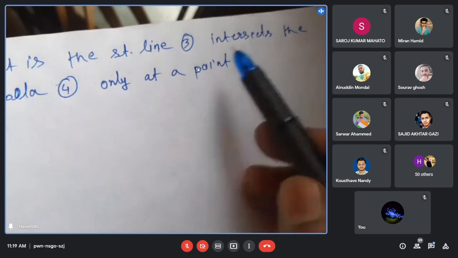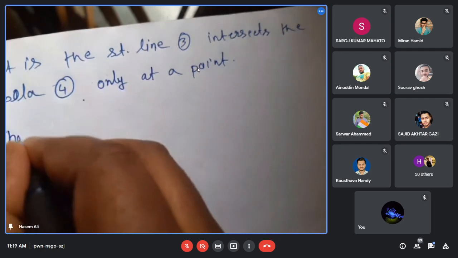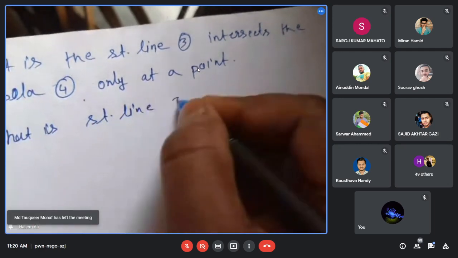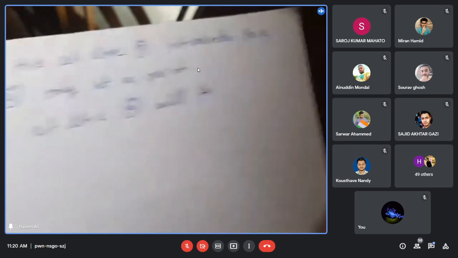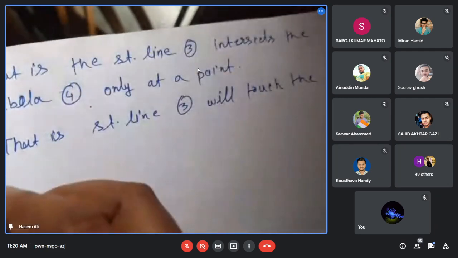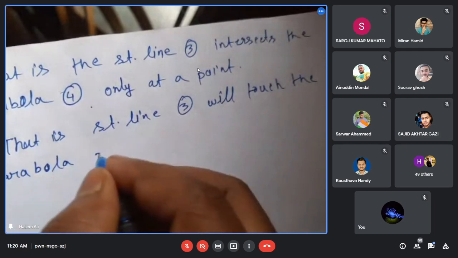A straight line intersects a parabola at one point, that is, straight line 3 will touch the parabola 4.